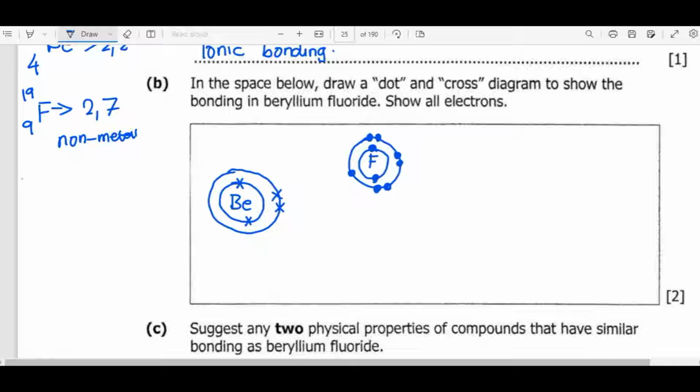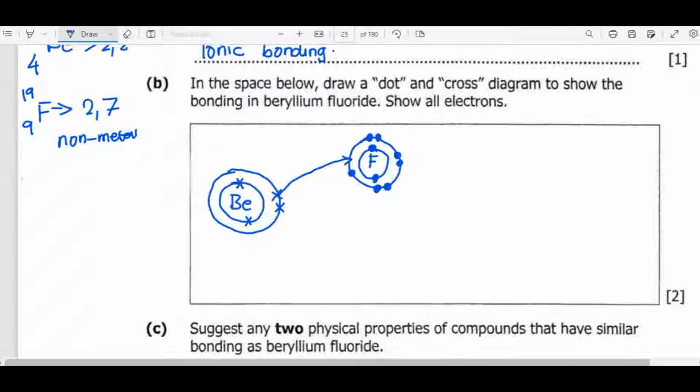Now what happens in a case where the metal is giving 2 electrons, but the one receiving needs only 1 electron? So what happens to this extra electron? In this case, the fluorine atom must, let me borrow a term, call another fluorine atom so that they can receive these 2 electrons.